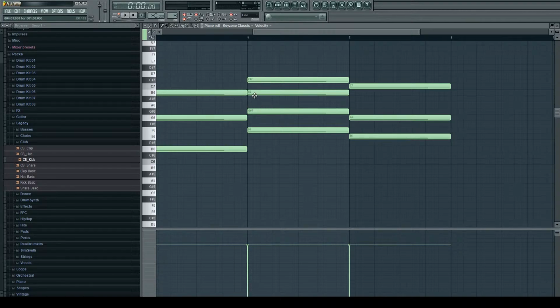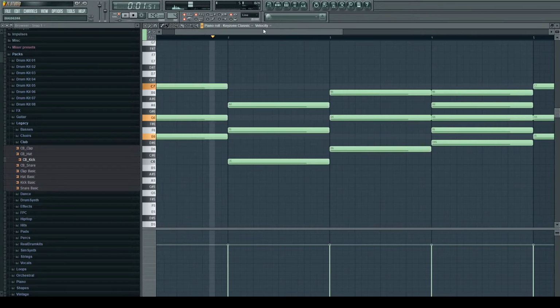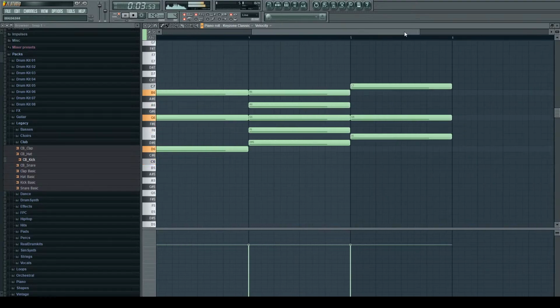I can do whatever I want. Look here. But since the leading tone is going up a half step, it's still gonna make sense. A neat trick, huh, guys?